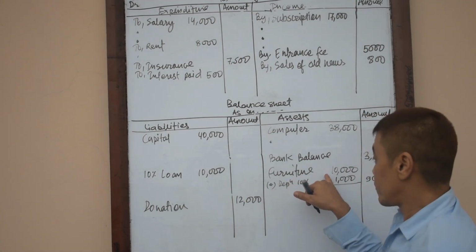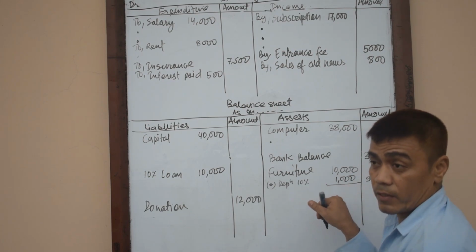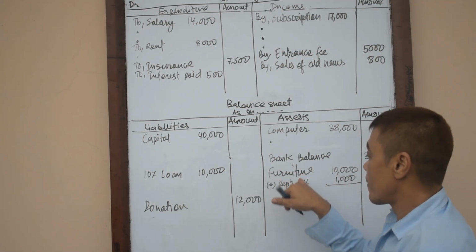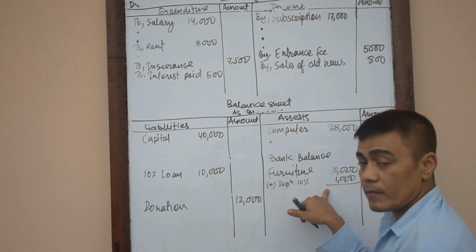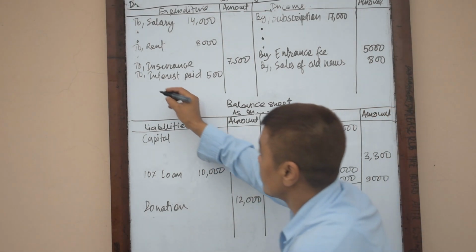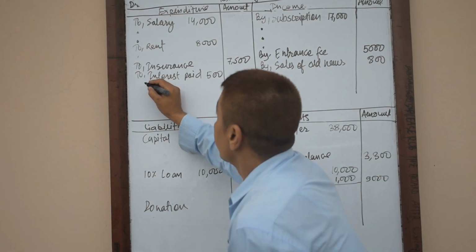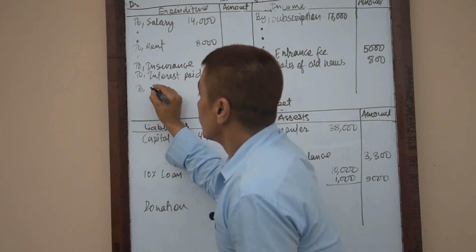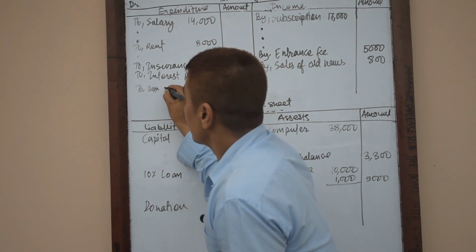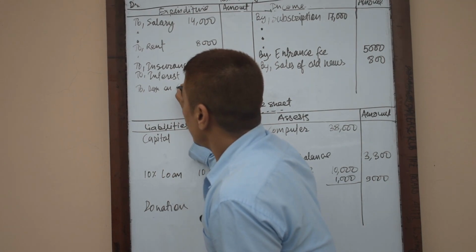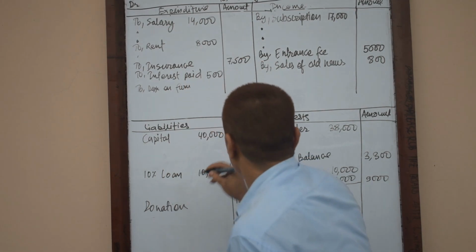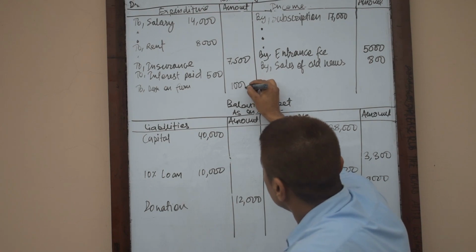Only 9,000 furniture is remaining according to our book. And since this depreciation is expenditure, it must be recorded on the debit side, expenditure side, depreciation on furniture, and it is 1,000.